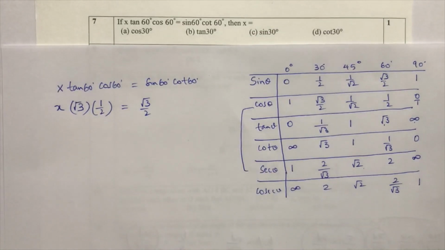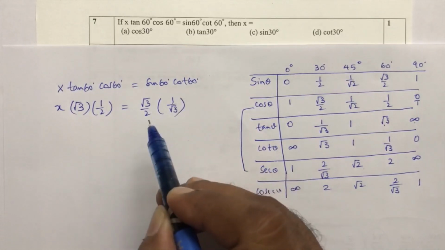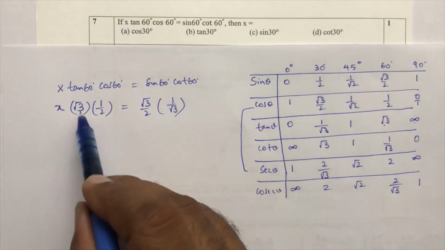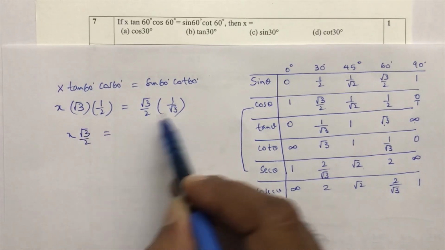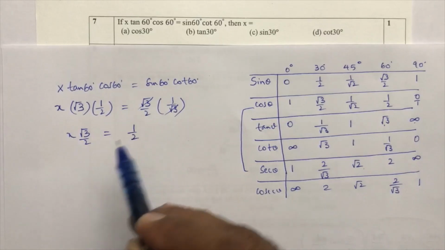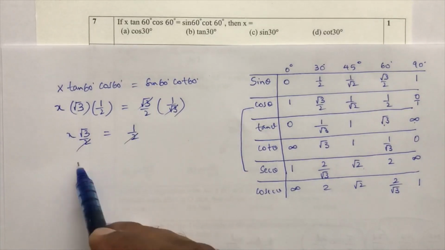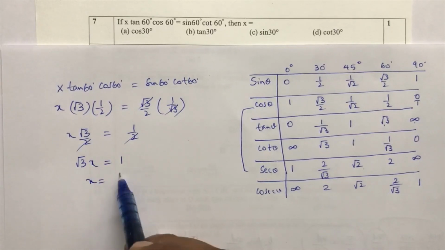And cot 60 is 1 by root 3. Now here, x times root 3 by 2, and here root 3 cancels. So you are left with 1 by 2. Now here 2 and 2 also cancel. So root 3 x equals 1. x equals 1 by root 3.